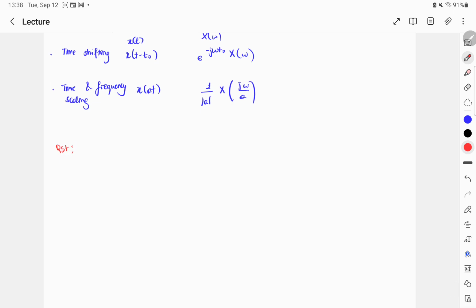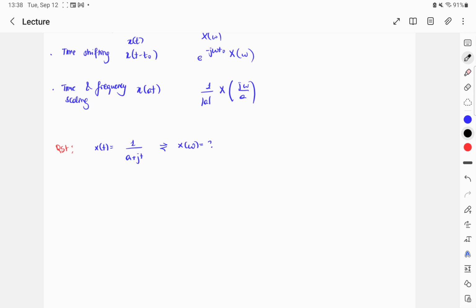which asks us to compute the Fourier transform of this time domain signal, which is 1 over a plus jt. Now, I want to remind you of something.